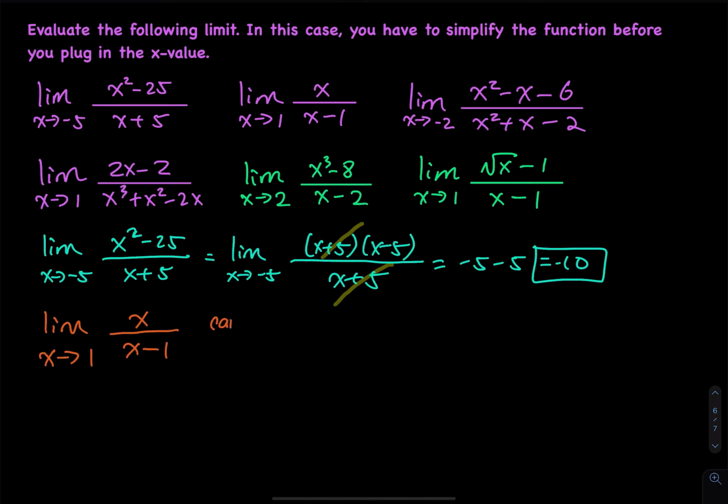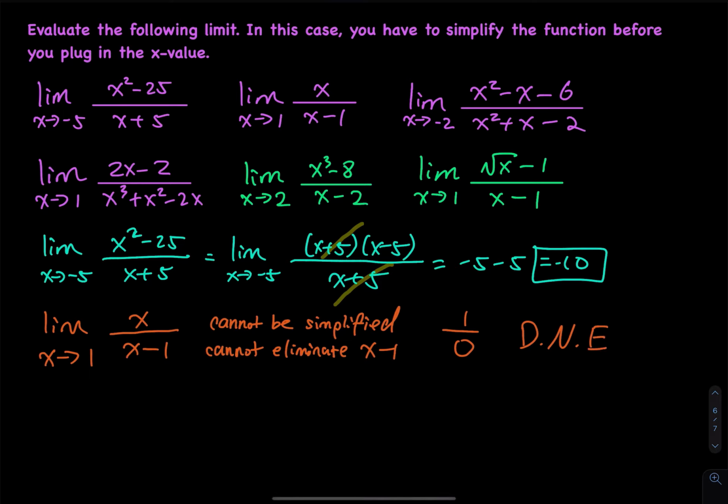So we cannot eliminate x minus 1. As a result, you plug in 1, you have a 1 divided by a 0, right? So the limit does not exist. You can just write DNE or write that the limit does not exist. Usually in calculus, we use DNE for does not exist.